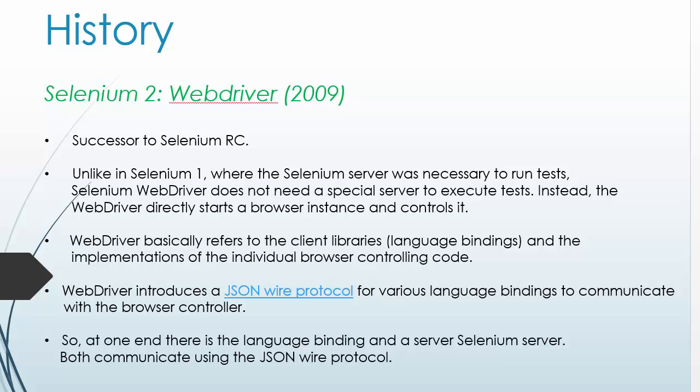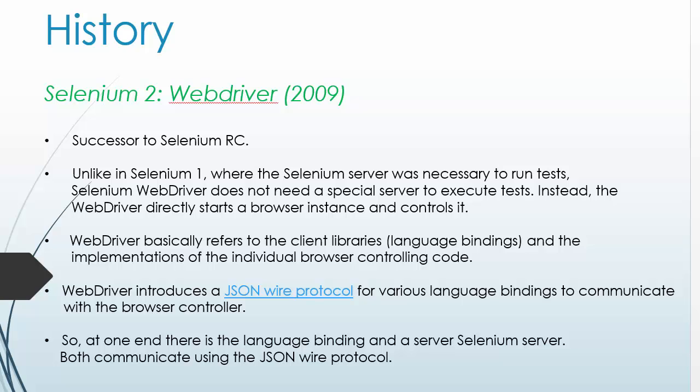In Selenium 1 it was necessary to have a Selenium server, but in Selenium WebDriver there is no necessity of having a special server. Instead, it just starts the browser instance and controls it. For each language, WebDriver does the language binding with the browser.